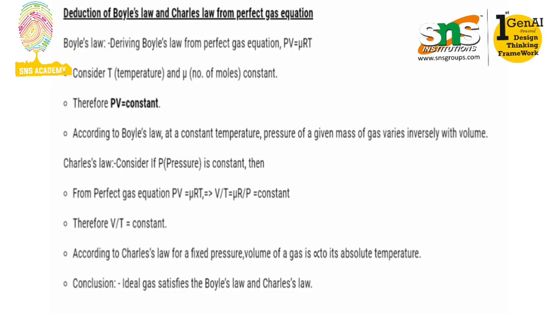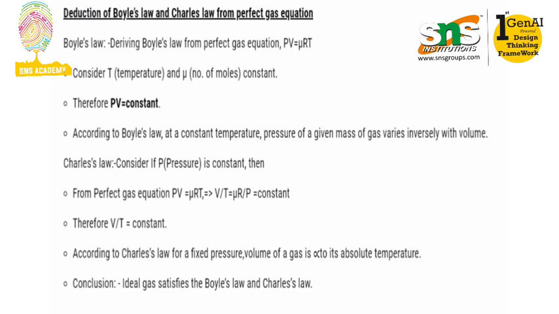From the perfect gas equation PV is equal to mu RT, where pressure is constant, the equation becomes V by T is equal to mu R by P. So mu R by P is a constant, which means V by T is equal to a constant. So we can conclude that V is directly proportional to temperature. According to Charles's law, at constant pressure, the volume of the gas is directly proportional to absolute temperature.